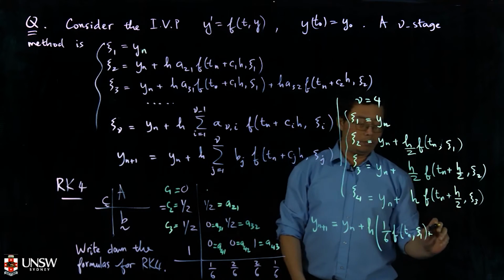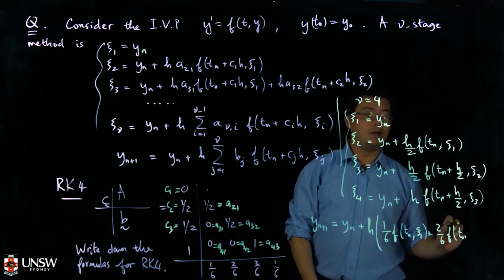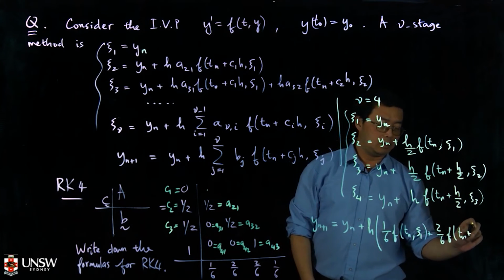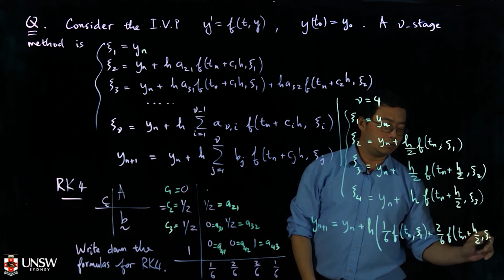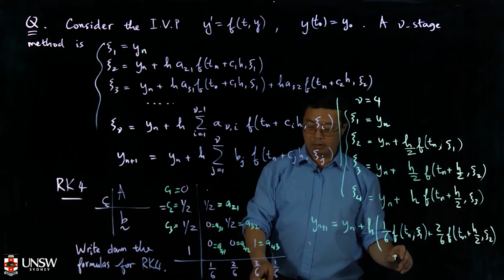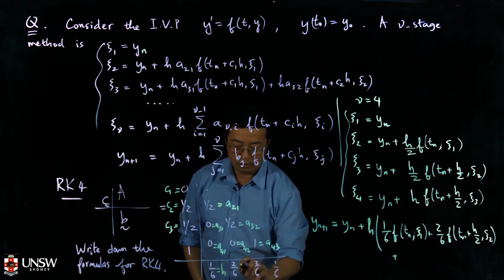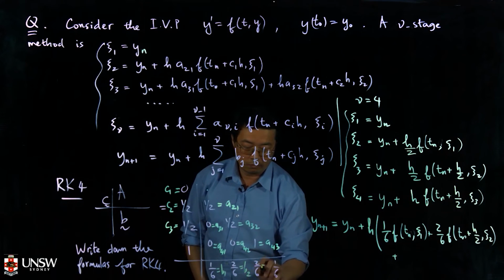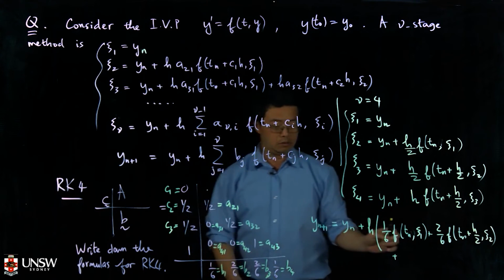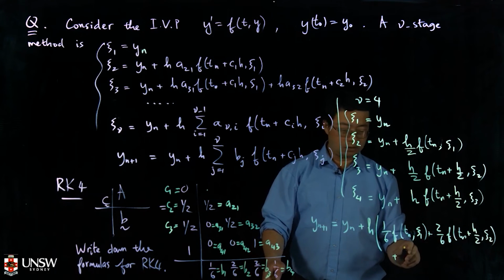And then the next one will be 2 over 6 f of Tn plus c2 h, which is h over 2, xi2, and then plus b3 and b4. So b1 is 1 over 6, b2 is 2 over 6, b3 is 2 over 6.